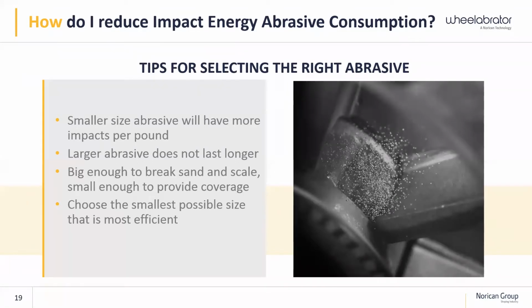But if you increase your velocity and can drop down to a 330 shot, instead of 90,000 impacts per pound, you could gain 150,000 impacts per pound. Obviously, those impacts are what's doing the gross cleaning, so it's going to clean faster. Again, the larger abrasive doesn't last longer. You've got to have it big enough to break the sand and scale, so you always want to choose the smallest possible size that does the job.